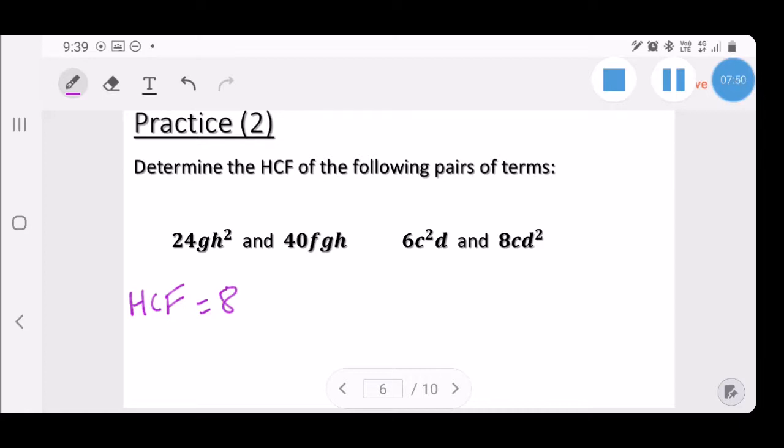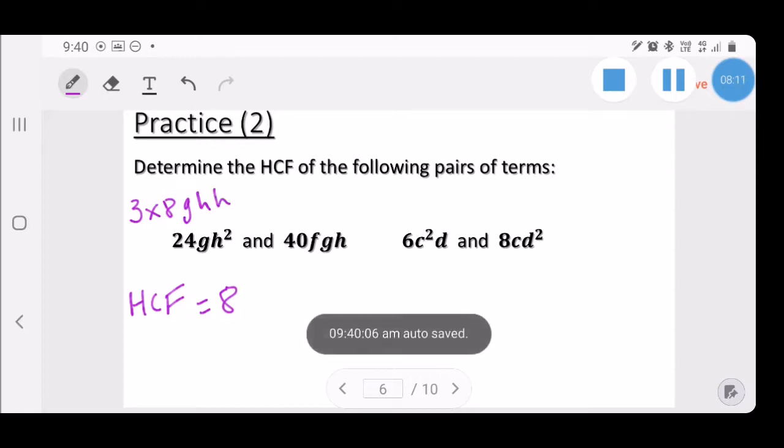You know how to find that yourselves by writing lists of factors, okay? Now 24 is 3 times 8, and then we have times g times h times h. So g, h, h.